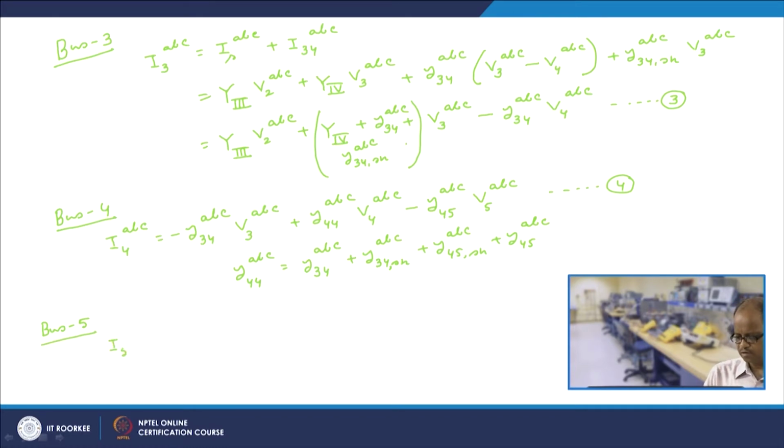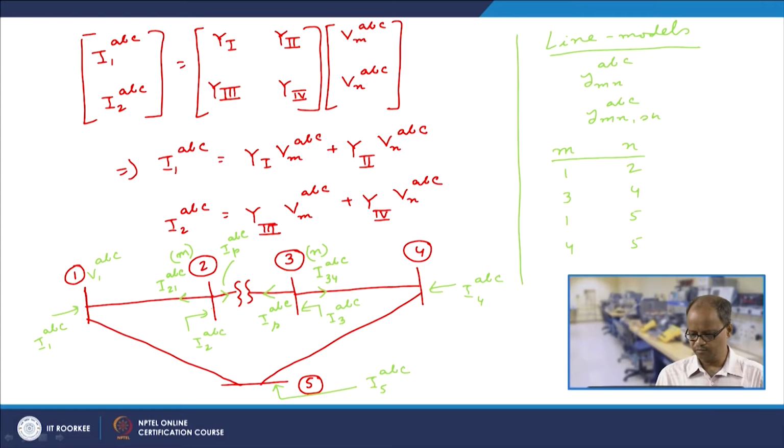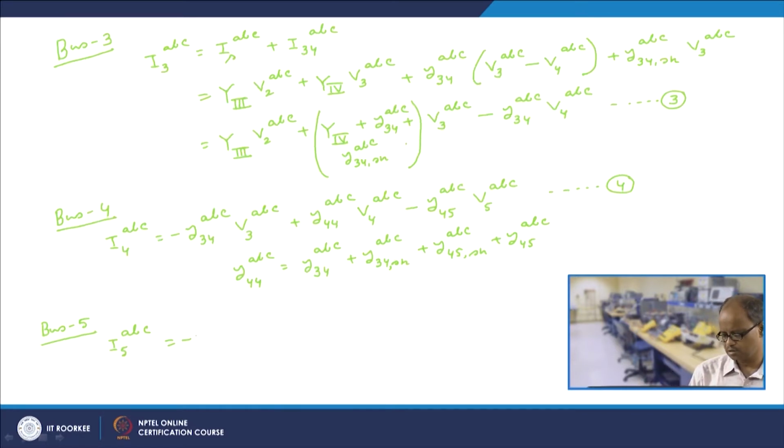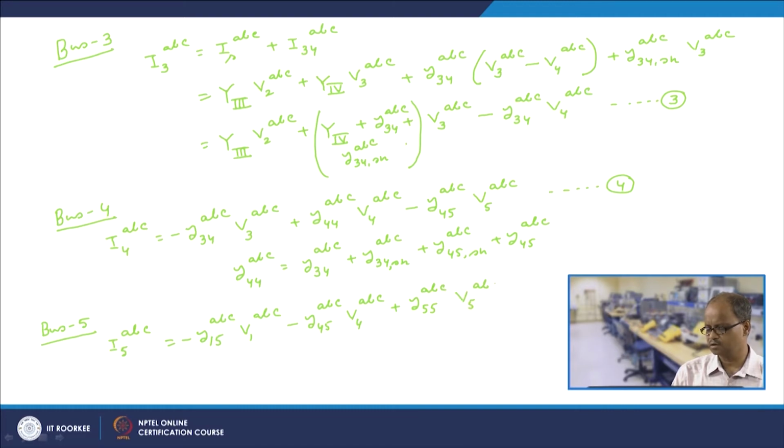And bus 5 again, I5 ABC is equal to nothing but minus y15 ABC into V1 ABC minus y45 ABC into V4 ABC plus y55 ABC into V5 ABC.